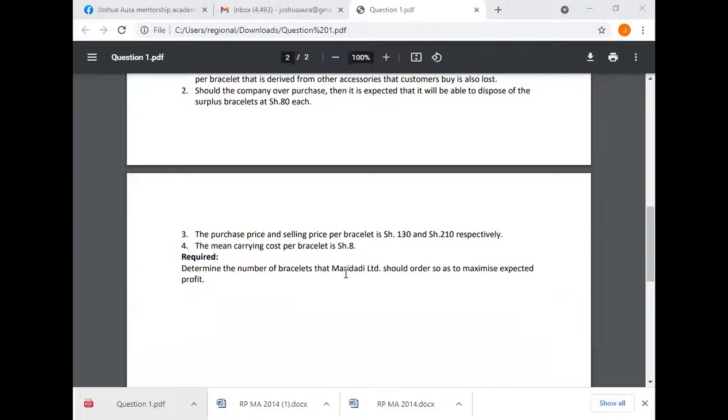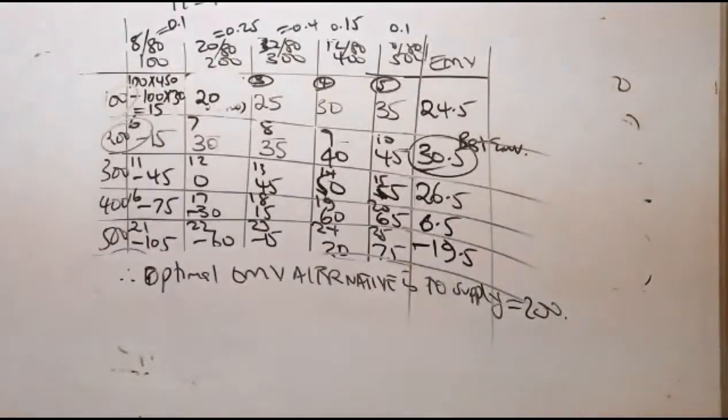The purchase price and selling price per bracelet is 130 and 210 respectively. The mean carrying cost per bracelet is 8. Required: determine the number of bracelets that Maridadi Limited should order so as to maximize expected profit. 15 marks. I can't remember the year, Dennis, but it is there in your past papers.